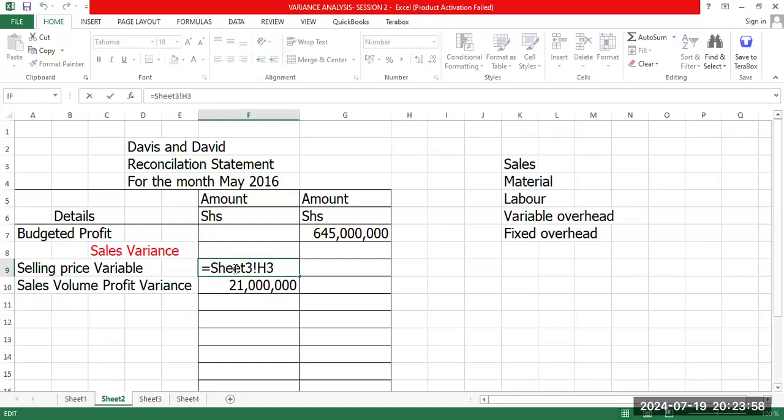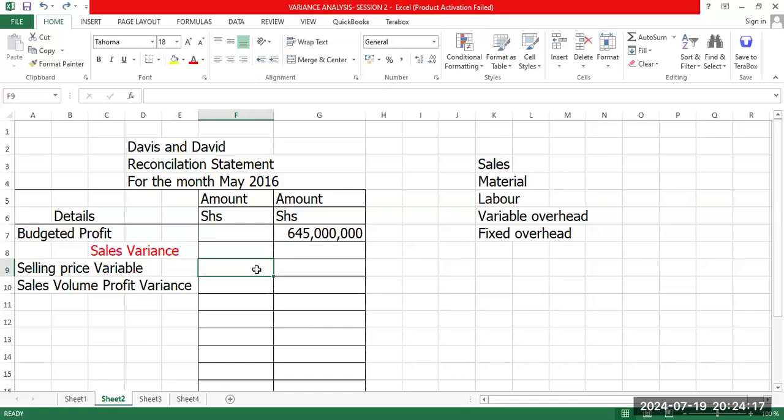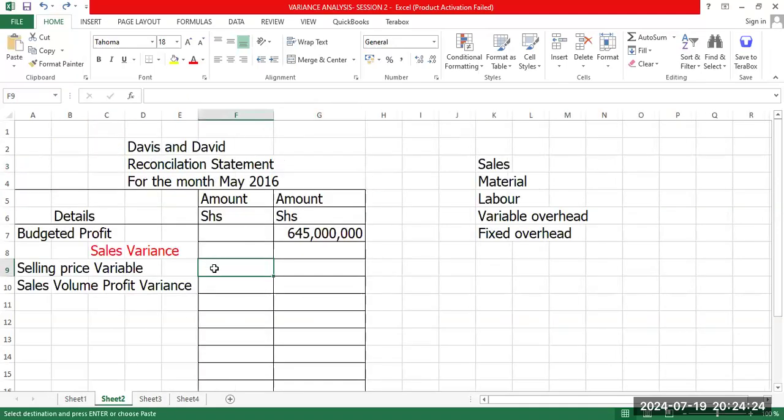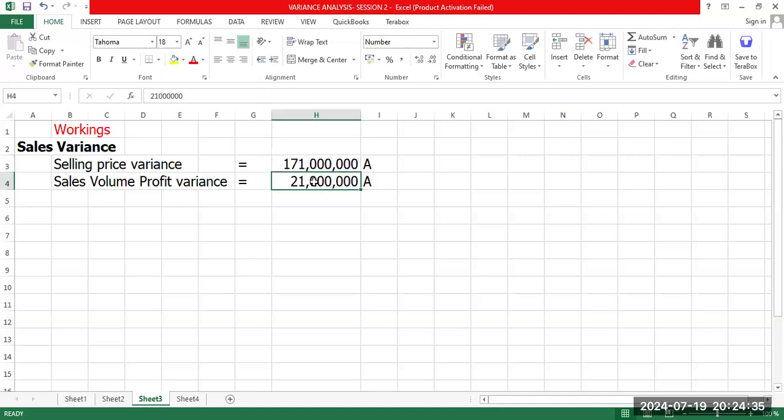But these figures are negative. For you, you are going to put your figures in a bracket.